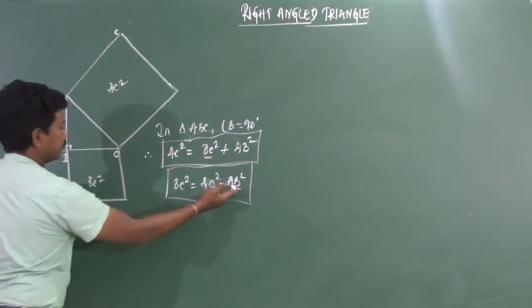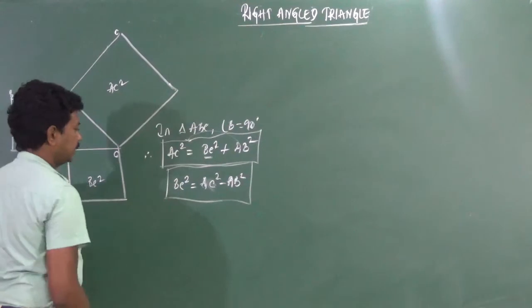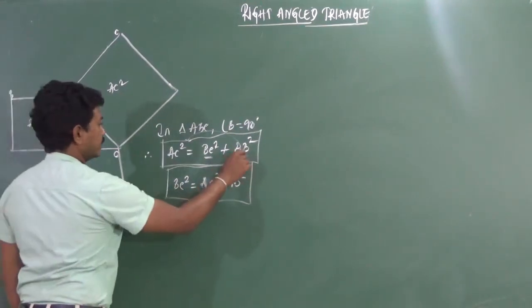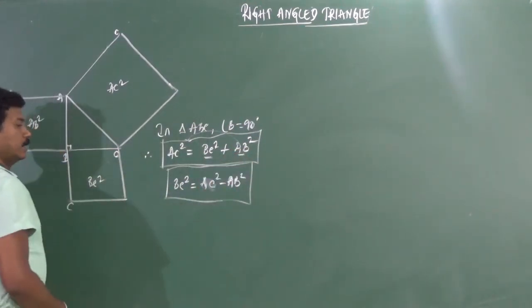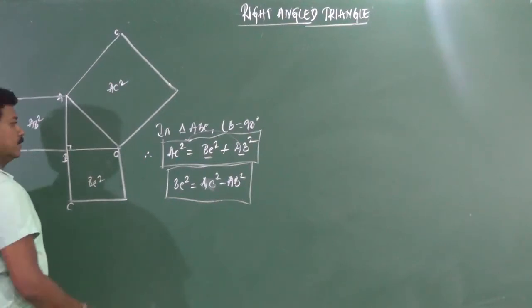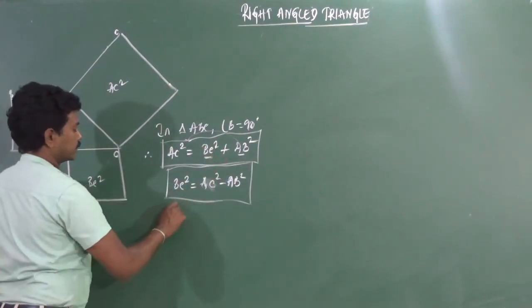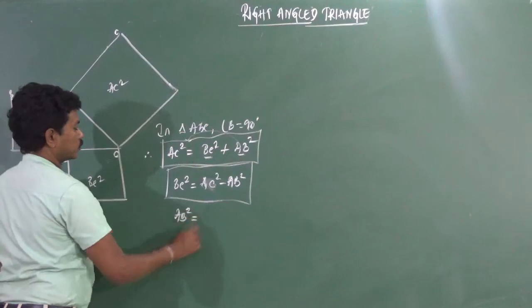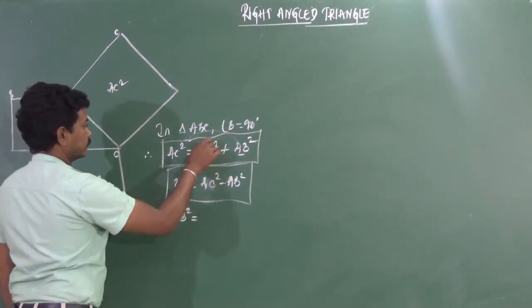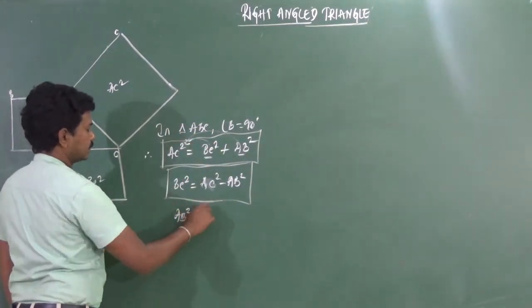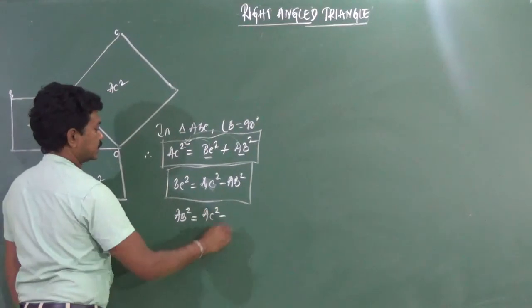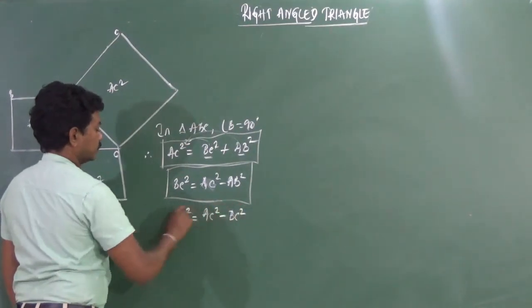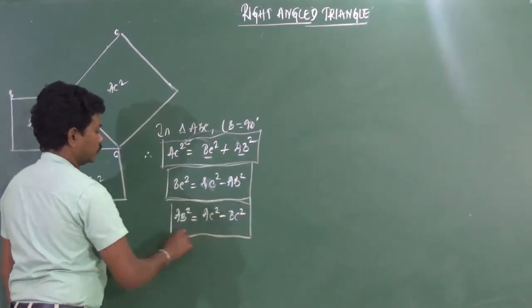So that is what has happened here, AC square minus AB square. If you want to find the area of the square on AB, then making AB square the subject, transpose BC square to the other side, so that becomes AC square minus BC square. So this is also true.